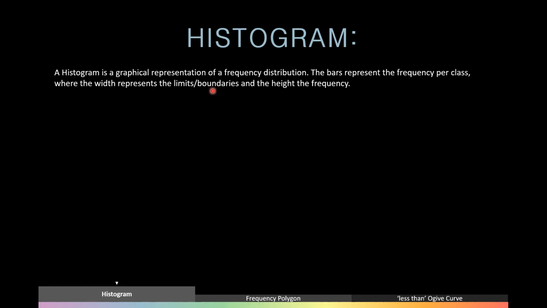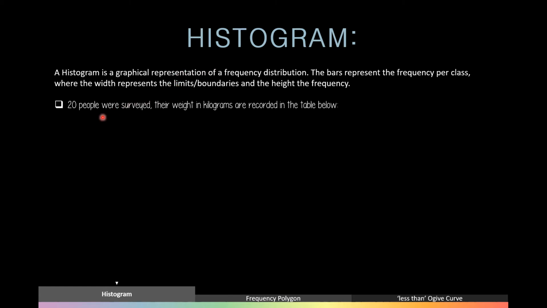Remember, our frequency distribution either has class limits or it has class boundaries, and then we have our actual frequency. That is when we're working with a grouped frequency distribution. So our bars, or the bins of the histogram, are going to represent the range of values that fall within that specific boundary. So let's look at this example.